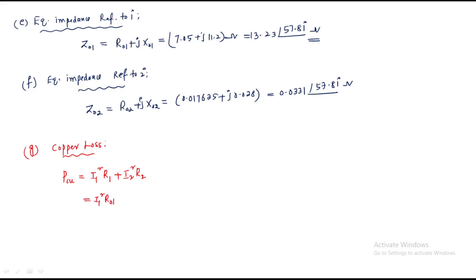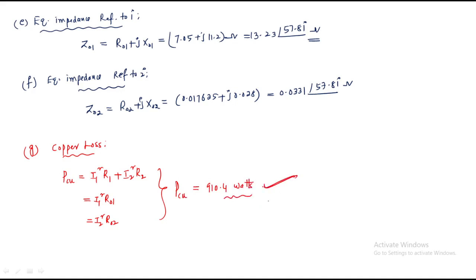I1 square R01 is equal to I2 square R02. In any case, we just have to substitute the value of I1 here and the value of R1 here, or you can calculate from these two, I1 square into R01. From this you will get the value of PCU as 910.4 watts. Just cross check the answer.